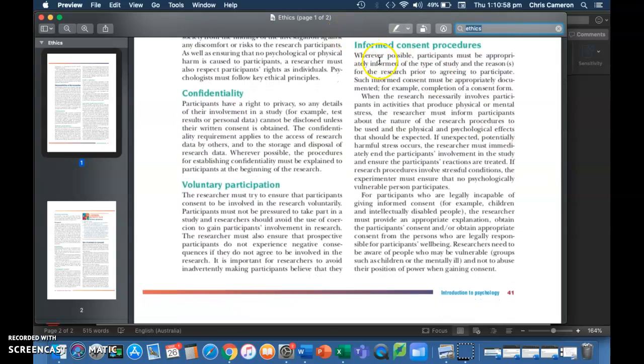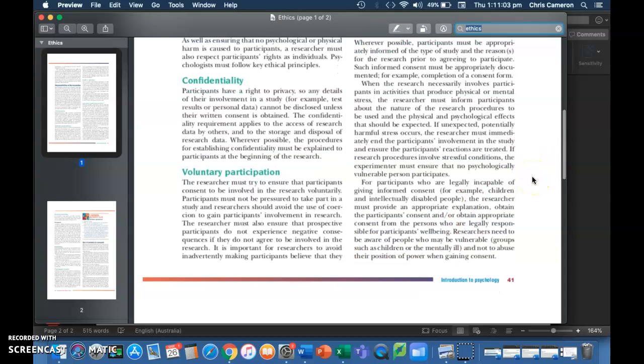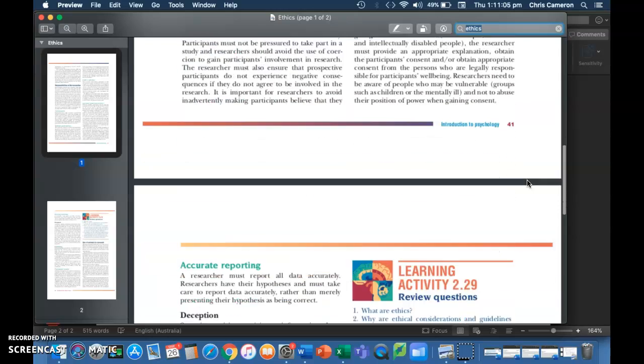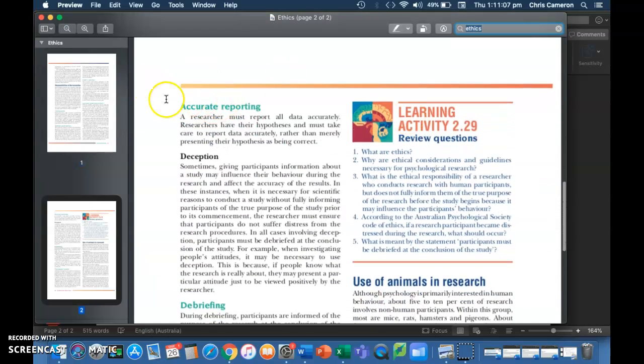Informed consent, well, I would say that was done fairly well. You were given a sheet of information explaining the investigation. Accurate reporting, don't know. Can you be sure that all the data has been accurately reported?